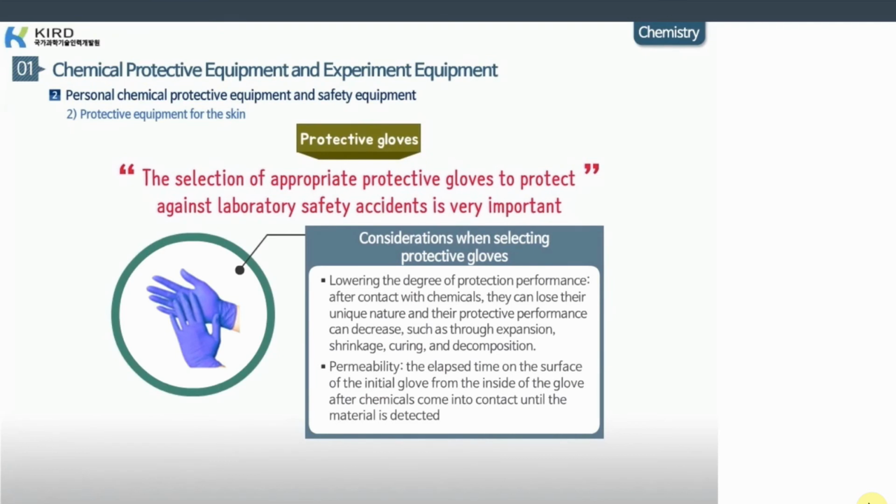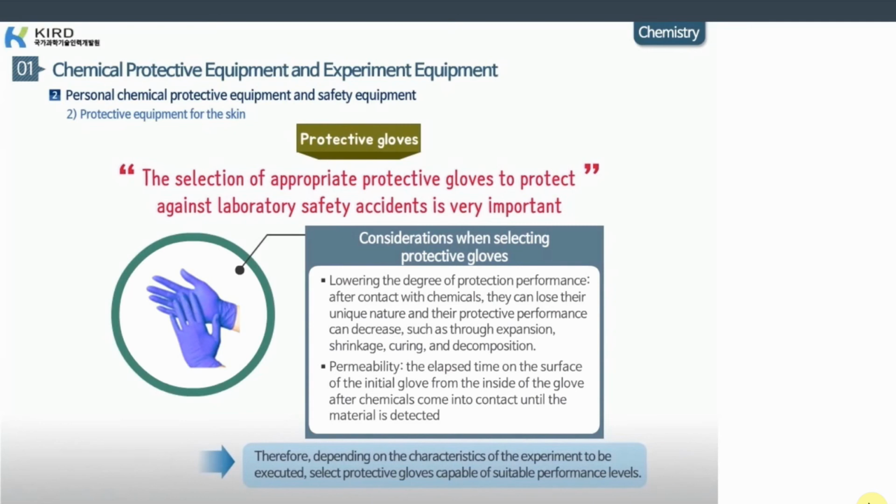Permeability refers to the elapsed time from the surface of the glove to the inside of the glove after chemicals come into contact until the material is detected. Therefore, depending on the characteristics of the experiment to be executed, select protective gloves capable of suitable performance.